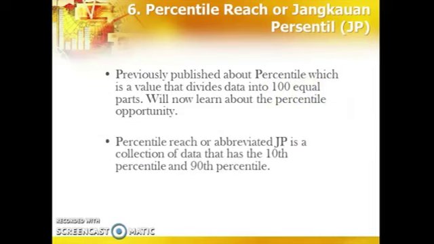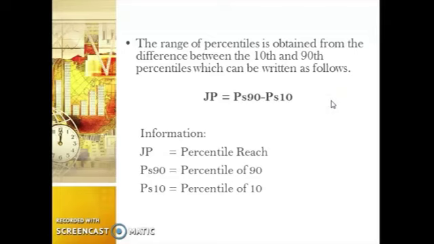Percentile range, or abbreviated JP, is the spread of a data set using the 10th percentile and 90th percentile. It is obtained from the difference between the 90th and 10th percentile, written as follows: JP equals PS90 minus PS10. Information: JP equals percentile range, PS90 equals percentile 90, PS10 equals percentile 10.